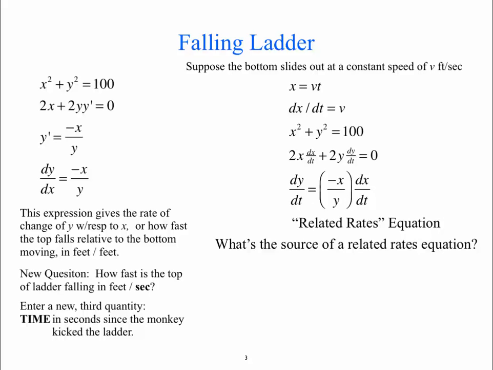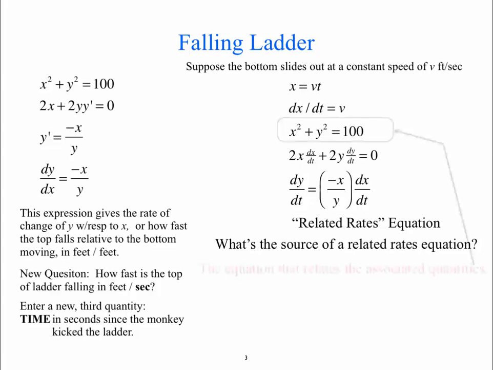So where does it come from? What was the source of the related rates equation? Where did this particular related rates equation come from? How did we get it? From what?